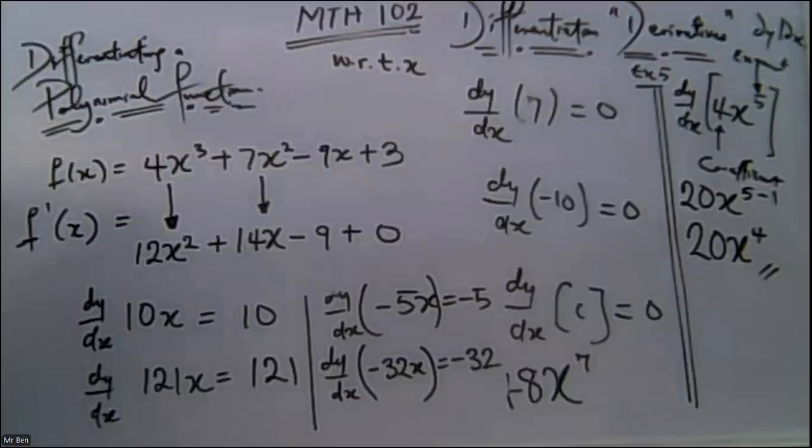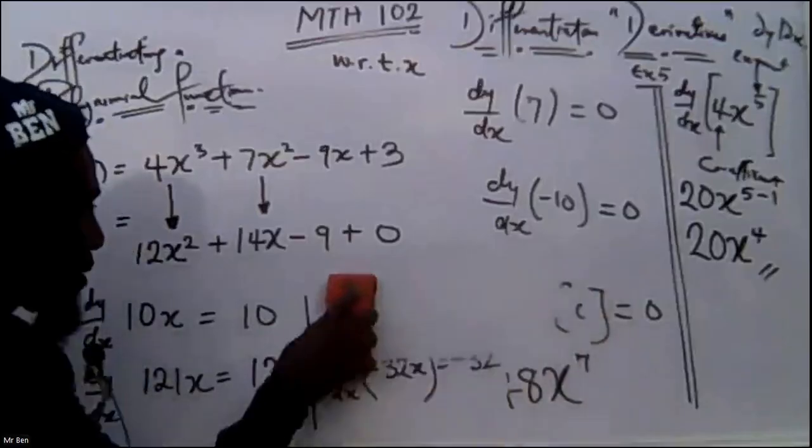Okay, are we done with that so that we can continue? I just want to introduce something to us here. Yes, sir, we are done. Okay. All right, let me rub this part.